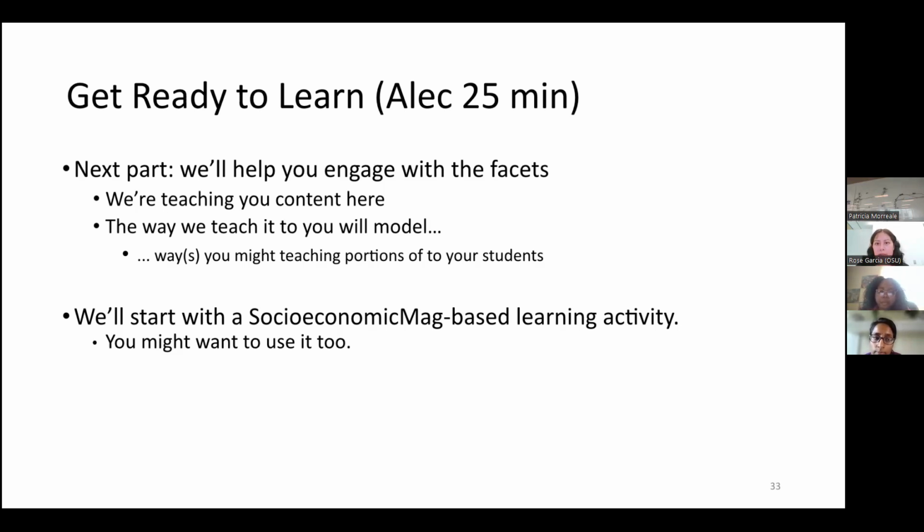That's a really good question. Let me pull up the persona real quick. I believe that the reason this facet is grouped together the way that it is is because of access to education and what that looks like for different socioeconomic groups.